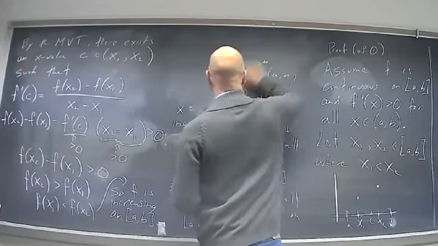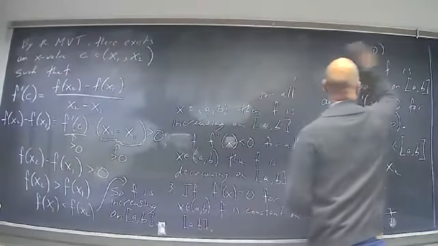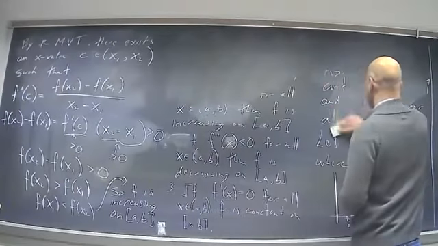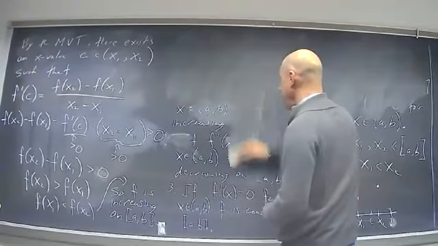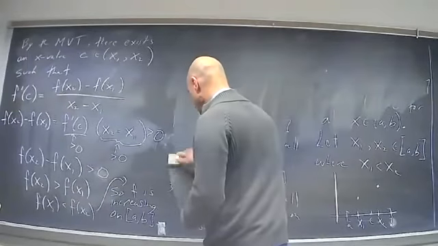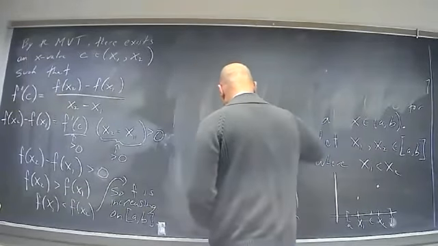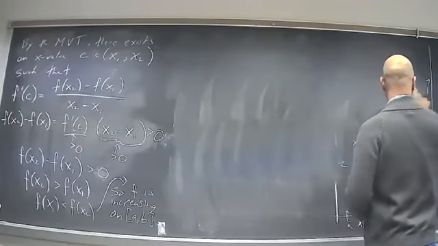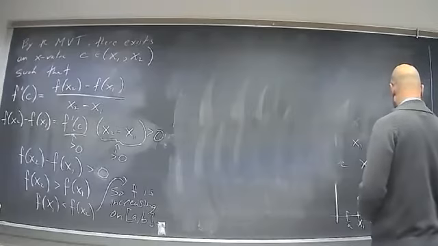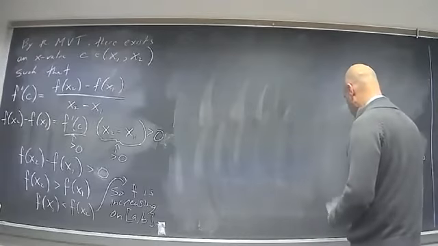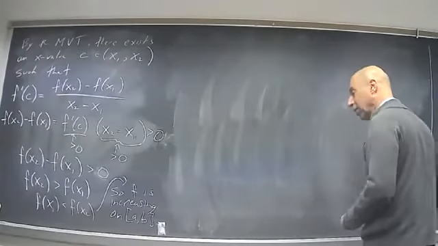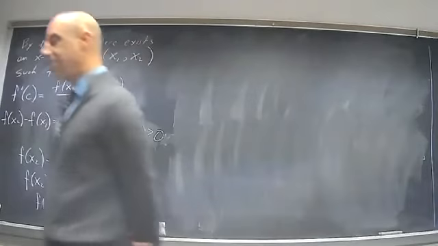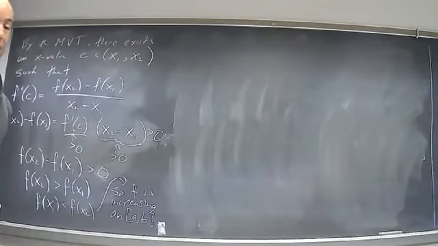So the practical upshot of this is that if we happen to be in the nice situation where we have a nice smooth function, so not only is it continuous, but it's nice and smooth, we can use the derivative to figure out where the curve is going uphill to the right, where it's increasing, and where it's going downhill to the right, where it's decreasing.